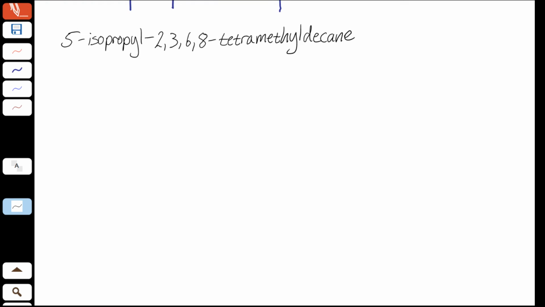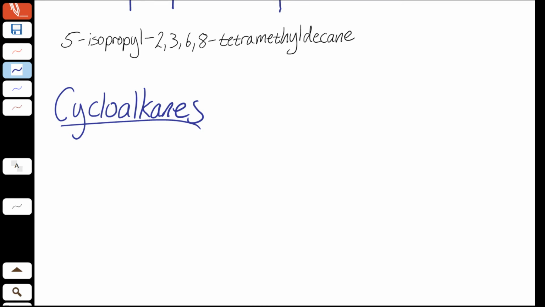All right, let's add something else in the mix here. So next we're going to talk about cycloalkanes, which are alkanes that connect around to each other in a ring.